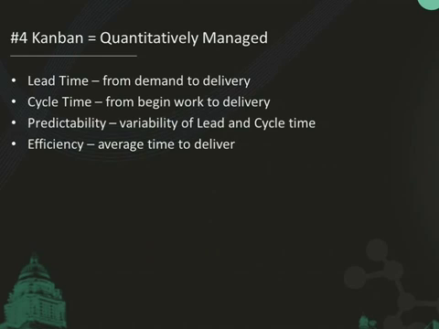When we say quantitatively managed, there are typically 4 measures that I see with Kanban customers. They're interested in lead time: how long does it take from an order or requirement coming in to it being delivered? Then cycle time is from us starting on the work, so it might have been sitting there waiting, but once we actually start, how long does it take before it's delivered?